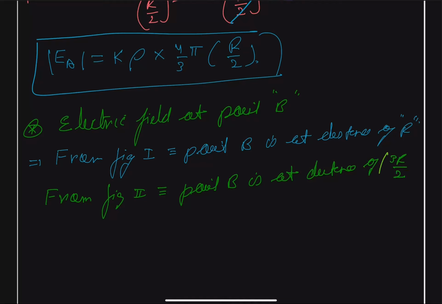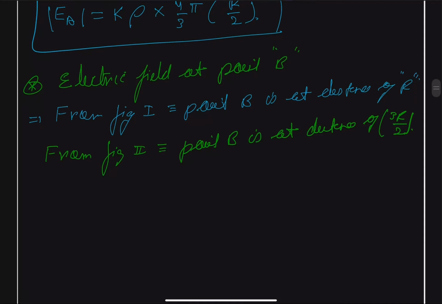Therefore, the electric field at point B will be equal to K Q1 divided by r square, minus K Q2 divided by (3r by 2) whole square.